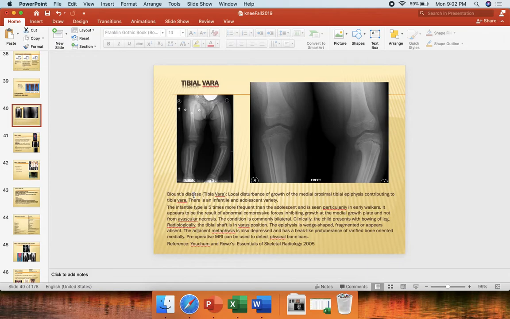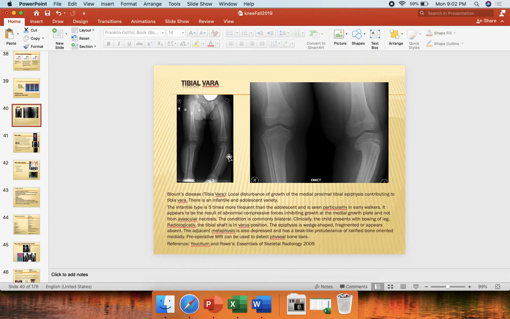So what's happening here in this tibial vara most often, I'm sure that there's other scenarios in play, is we're going to have a growth plate disturbance. In the growth plate, you're going to have excessive growth on the lateral side of the tibia, and then disrupted growth on the medial side.